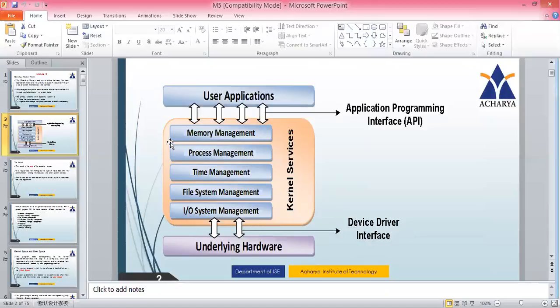Now coming to the different applications, you are seeing here memory management. This includes secondary memory and primary memory management. You would have studied paging techniques and segmentation techniques; all that has to be controlled by the operating system. Process management: the process ID, process creation, a program under execution. You would have studied this in your operating system course.